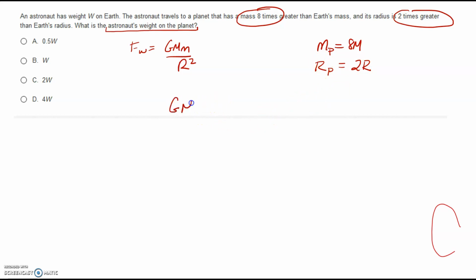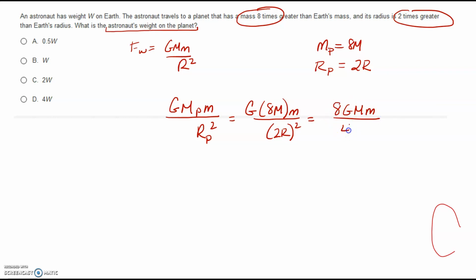I have G M_p m over R_p squared, which is G 8M m over (2R) squared. This gives me 8GMm over 4R squared. So I reduced this, and I get 2GMm over R squared. So it looks like 2W, which is C.